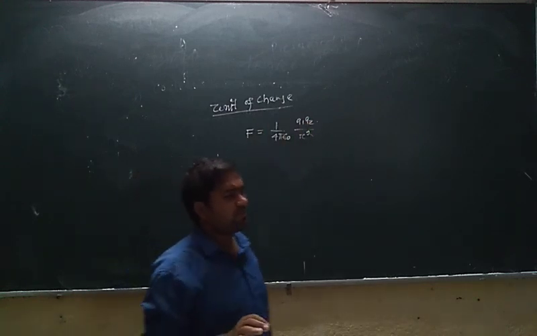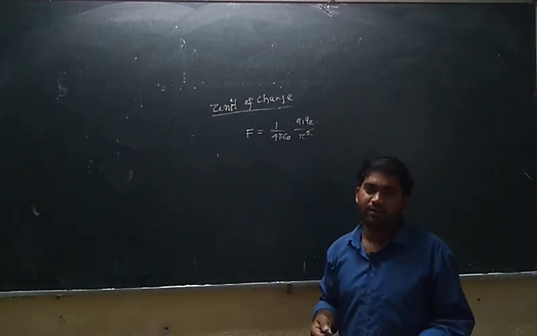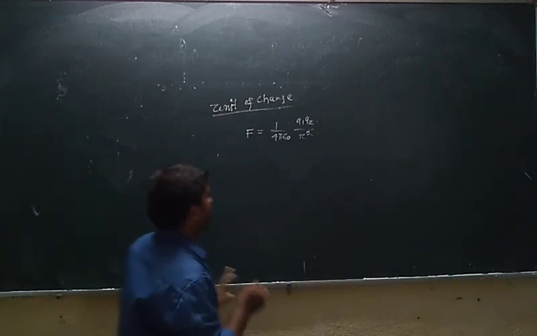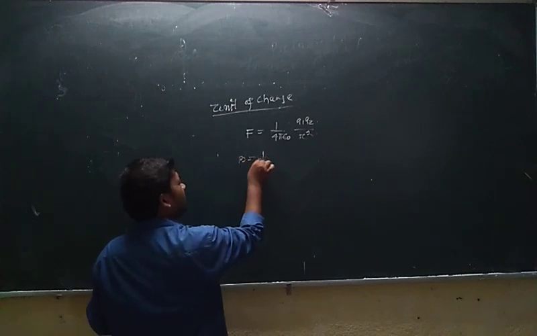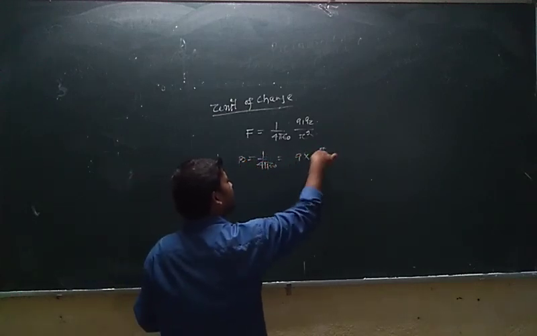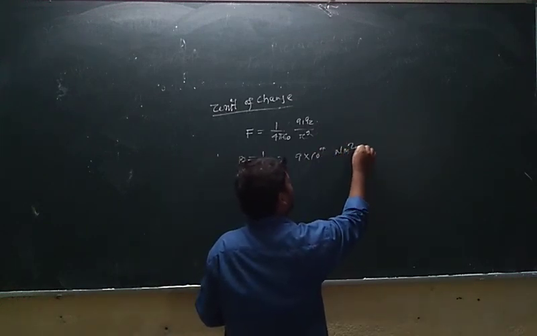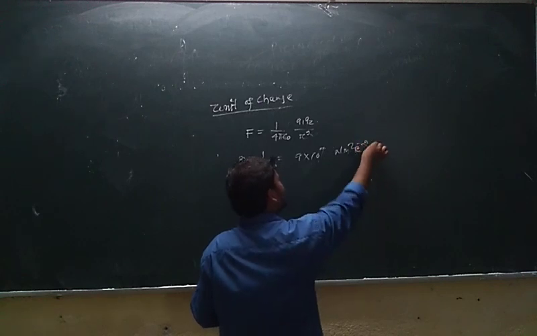So that will be the force between the two charges placed in air. The value of beta, that equals 1 by 4 pi epsilon naught, is 9 into 10 to the power 9 Newton meter square Coulomb to the power minus 2.